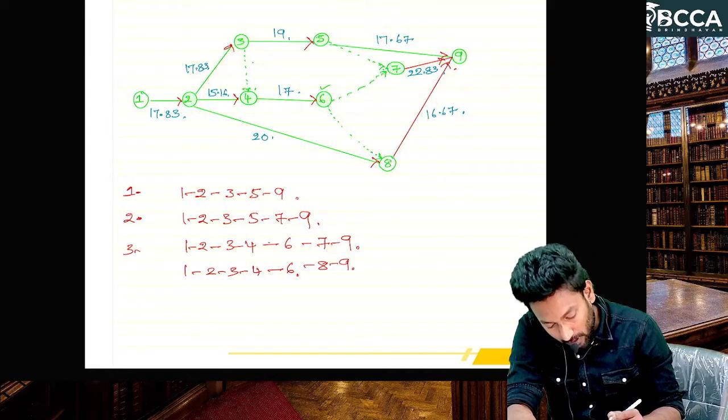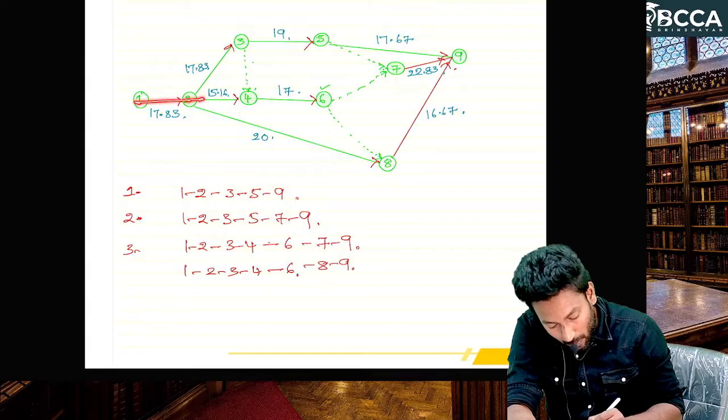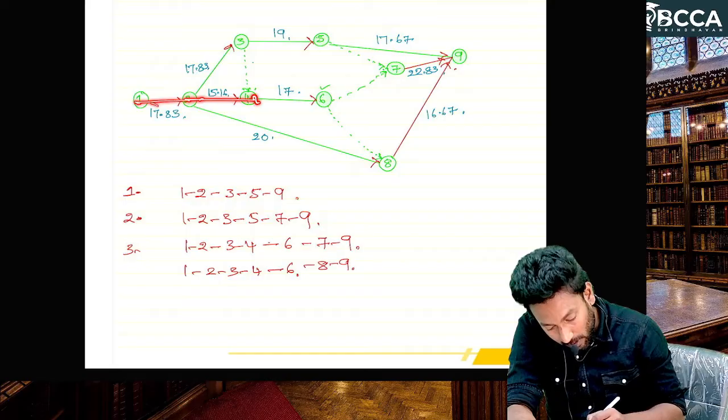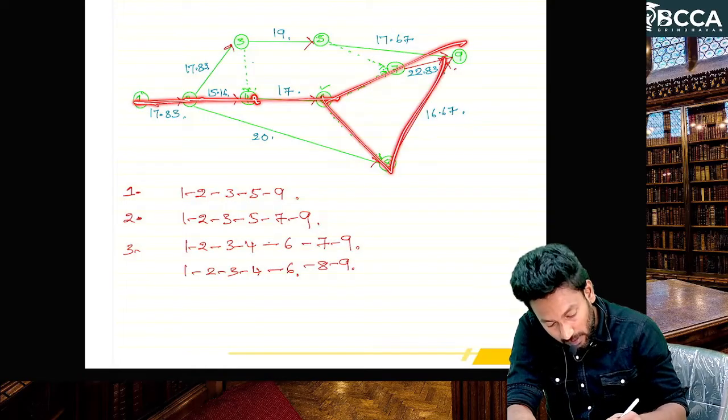Next one is 1 2 4, and then 1 2 4 6 7 9, or 6 8 9.